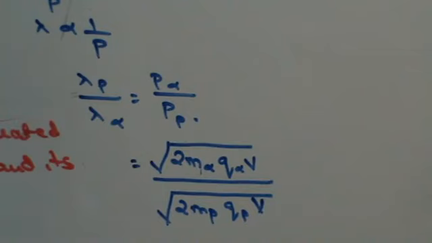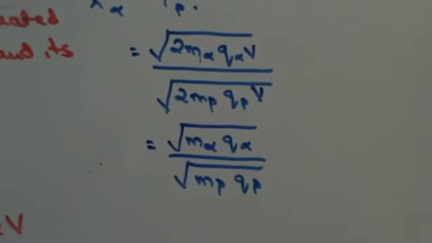Now they've said that the alpha particle and proton have been accelerated through same potential difference, so that will get cancelled. So in that case I will get square root of mass of alpha particle into charge on alpha particle divided by mass of proton into charge on proton, right?